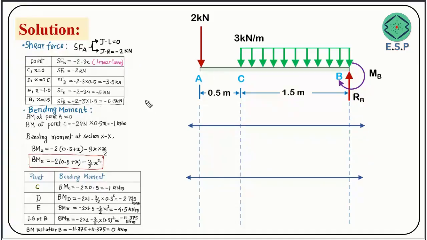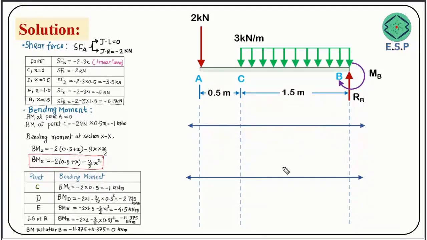This we have already calculated. And then shear force variation from point C, D, E, and then at point B. All that shear force variation I have shown here. Similarly, bending moment variation I have shown. Bending moment at point A is 0, and C also we got, and further C, D, E, before B and after B also I have written over here. So with the help of this information, we can now plot the shear force and bending moment diagram.